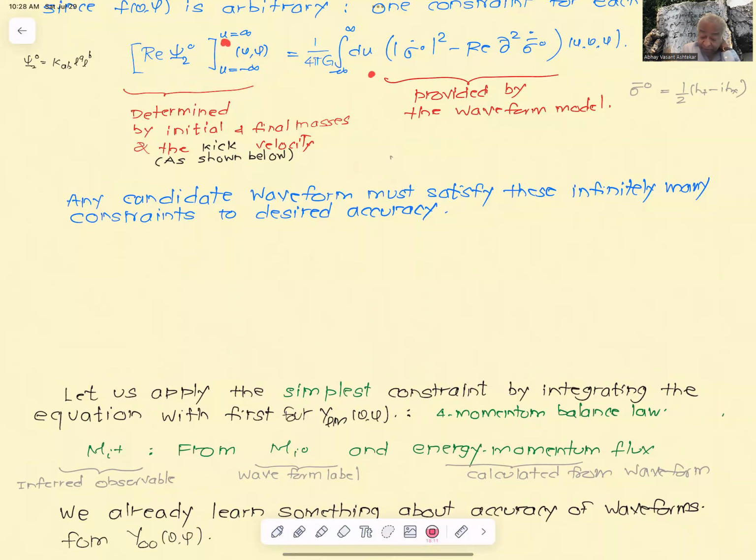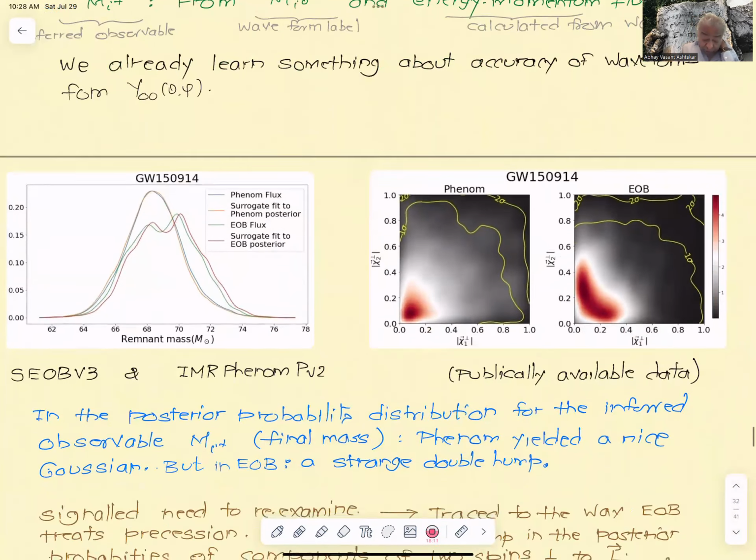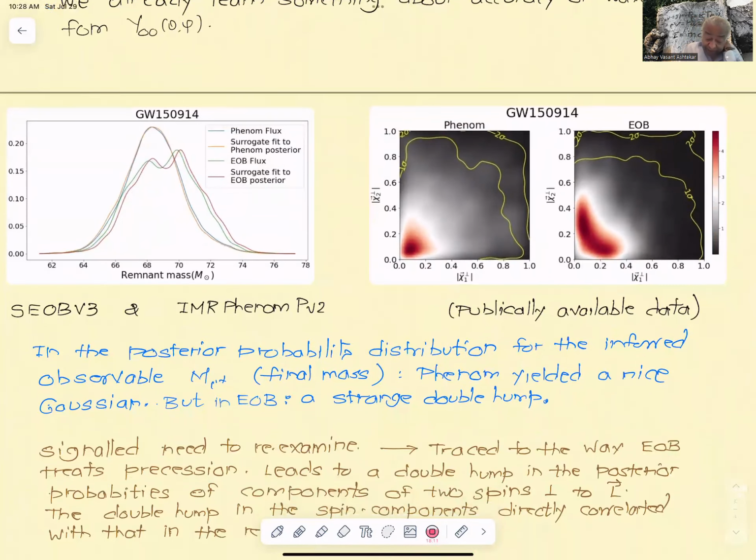Therefore, the final parameter will depend on whatever the waveform model gives us up here. And so we can just calculate those. So here is a Phenom model, and here is the EOB model. So what we find is that this is the very first event, the most well-known event.